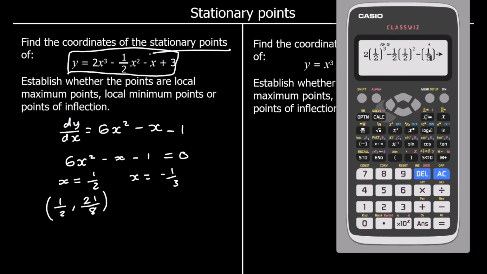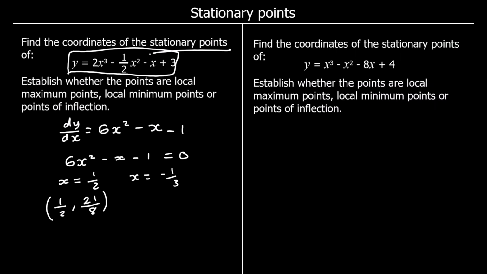I'm changing all of my 1 halves into minus a third. And we've got 173 over 54. So they are the coordinates of the stationary points. They are the points where the gradient equals 0.